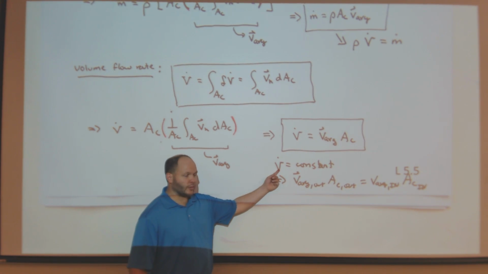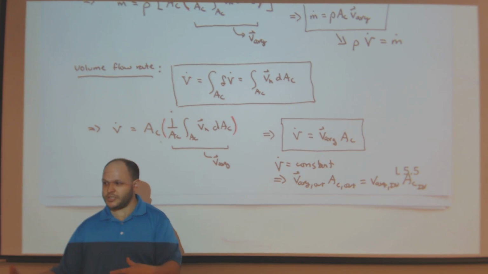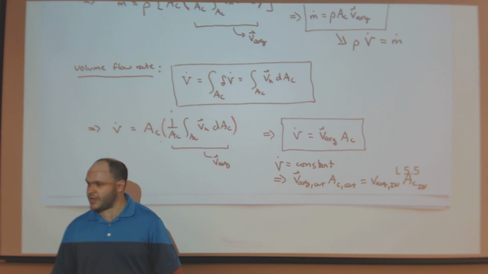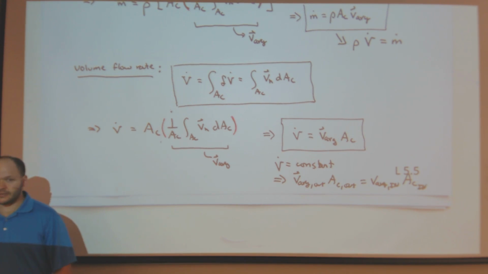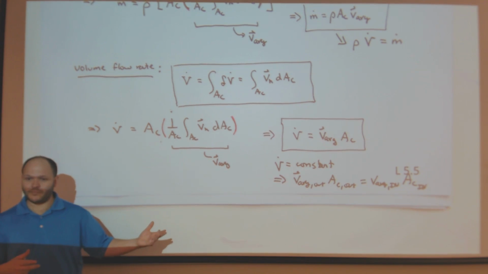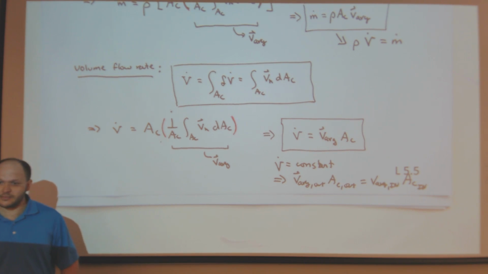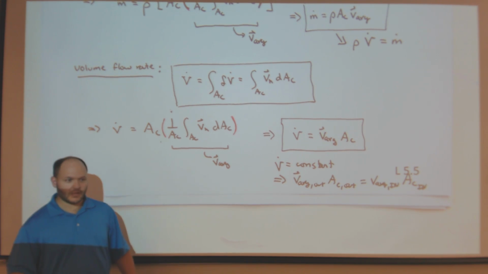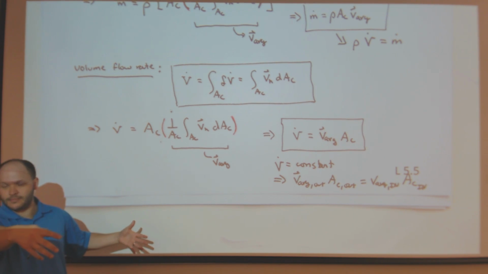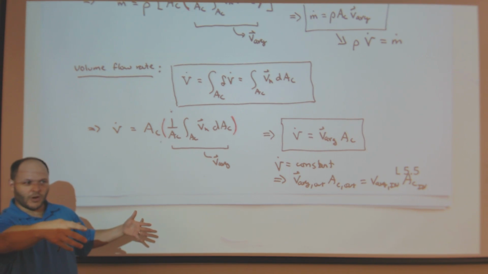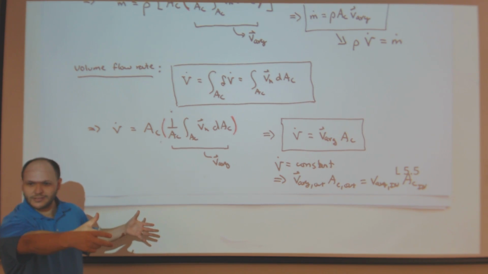In most problems, the volume flow rate is constant. A pump doesn't increase the volume flow rate, it increases the pressure so you have flow. The volume flow rate is the volume flow rate. If the volume flow rate changes, you have a leak in a pump. A turbine at a dam doesn't increase or decrease the volume flow rate of the river.